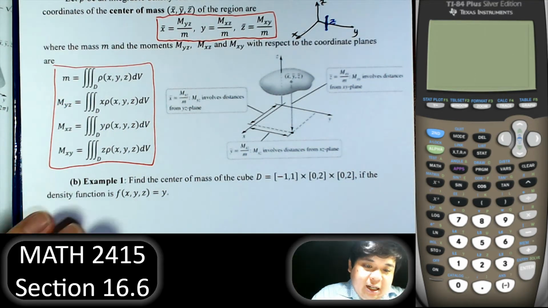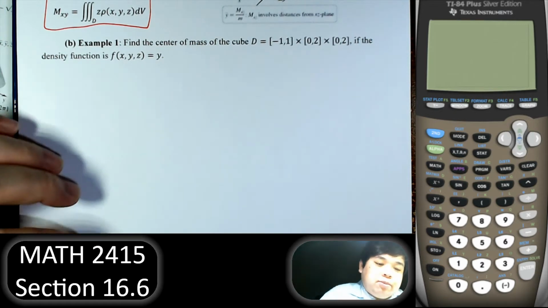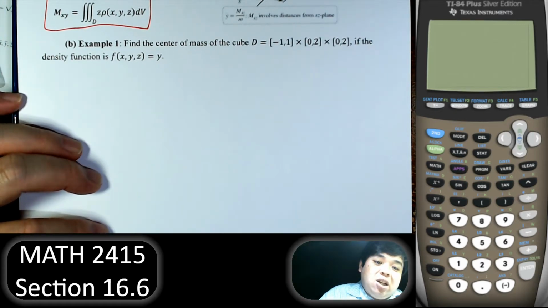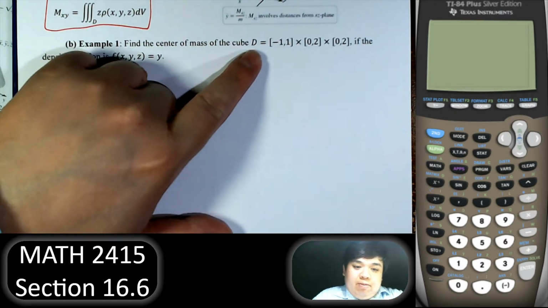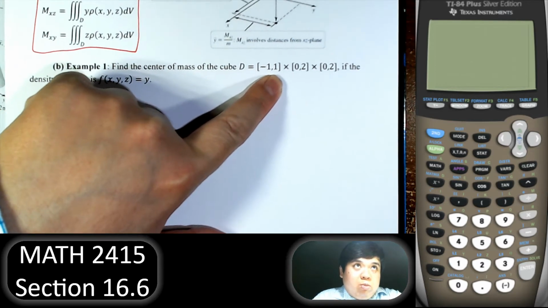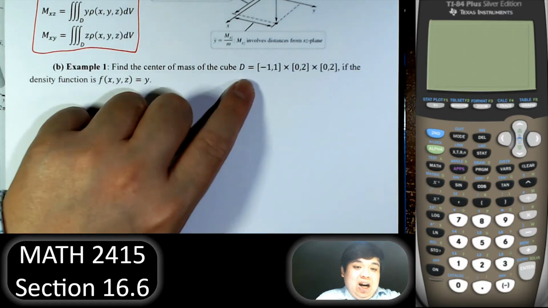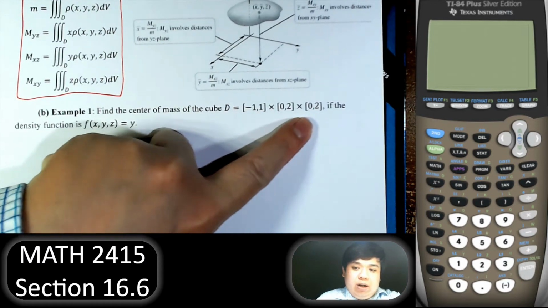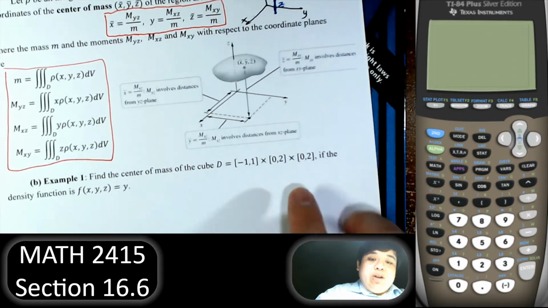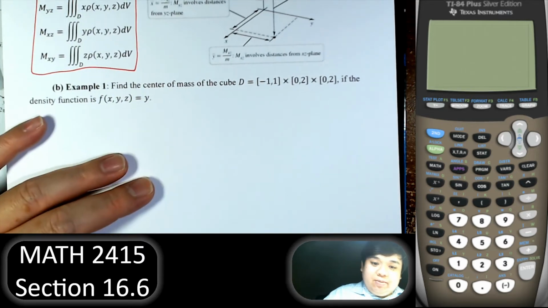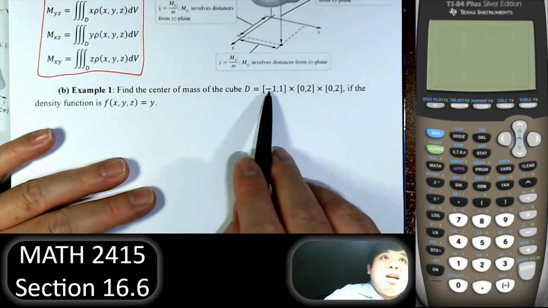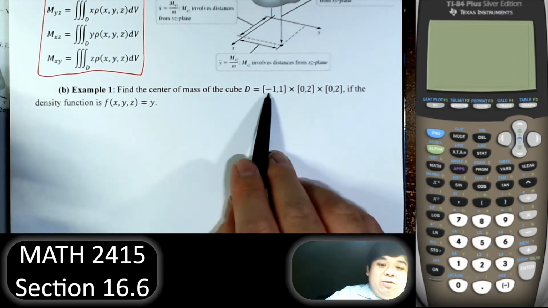Right. Let's look at the first example. Find the center of mass of the cube. We haven't seen anything written in this order, but actually this is a very common way to write it. So we have an interval from negative 1 to 1 in the first dimension.